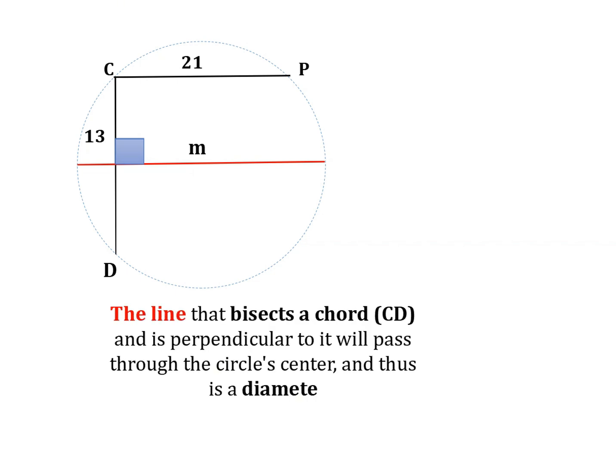And there is a very important theorem. The line that bisects a chord CD, it means the red line is a bisector of chord CD, and they are perpendicular to each other, and it will pass through the circle's center.